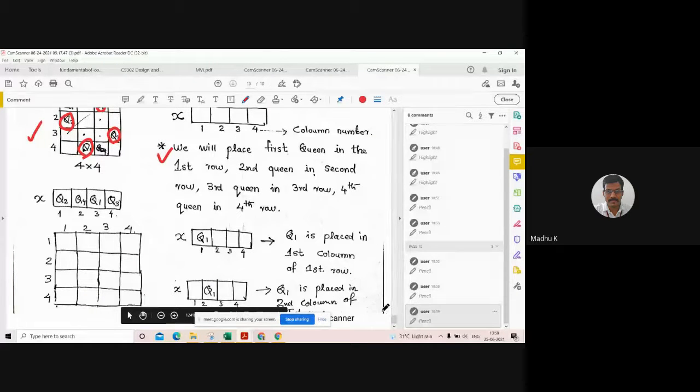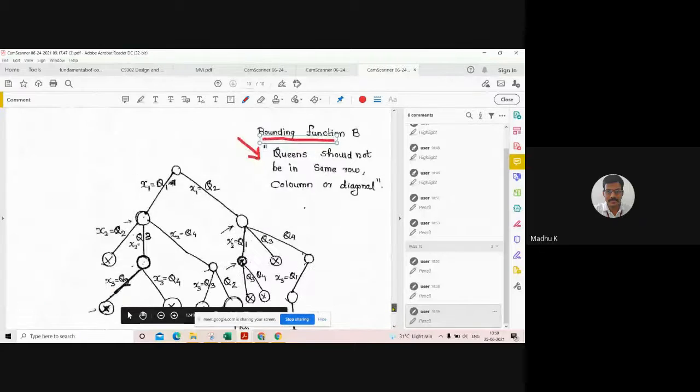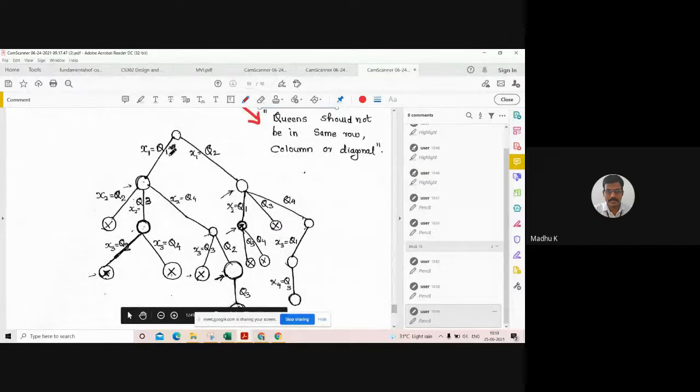Next we are trying to solve the problem. First we will start from the initial state. From the initial state, what will we do? We will place q1 at position x1.